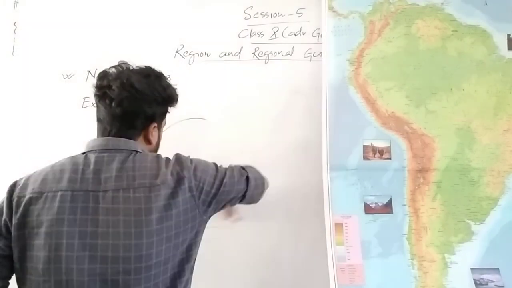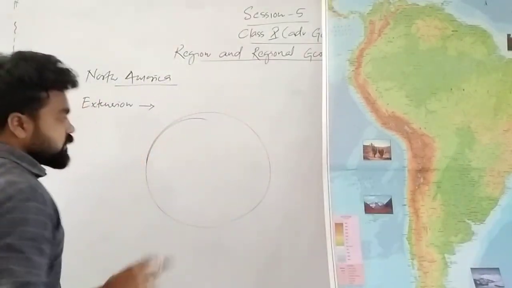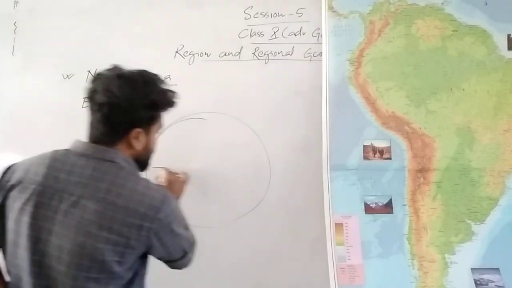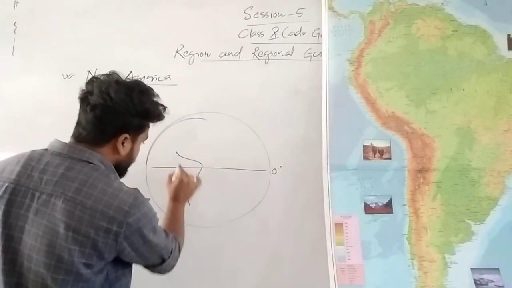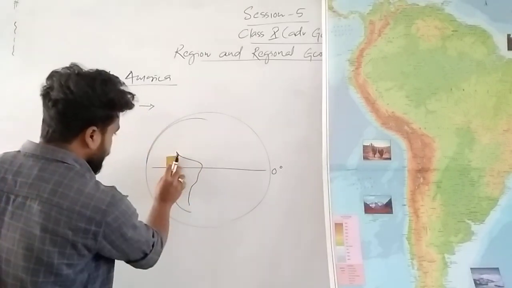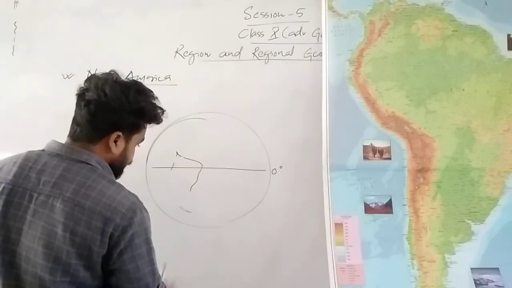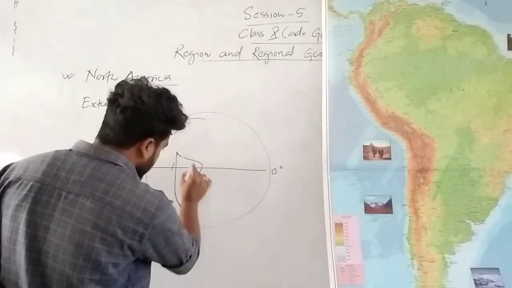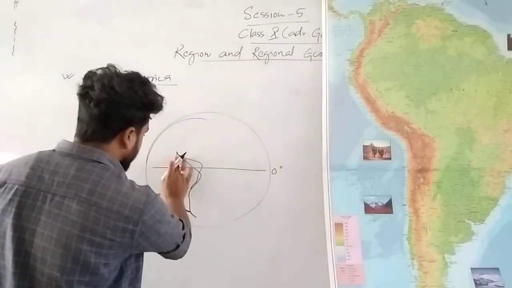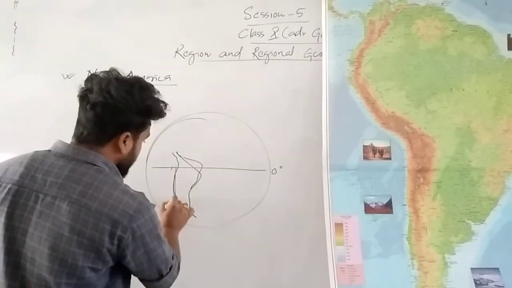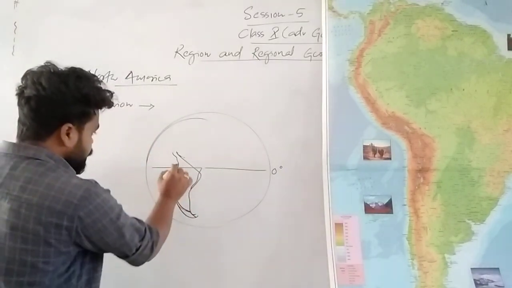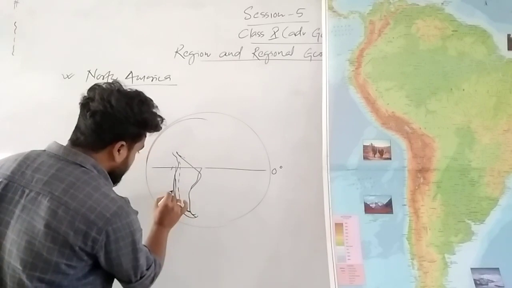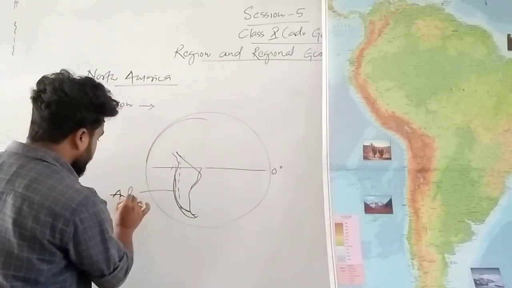Generally we know this is the sketch of the earth. This is the equator, and in this portion North America is there. North America is simply like this. In this North America, we have this portion and this mountain.